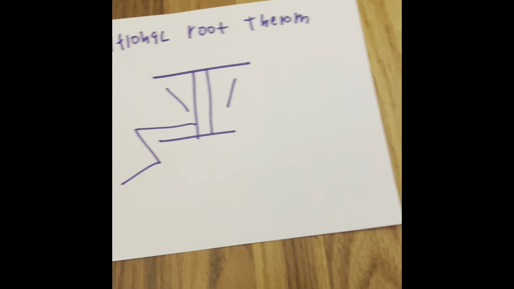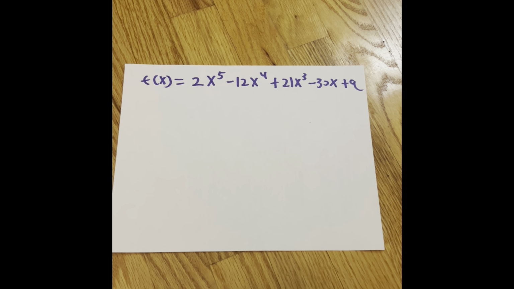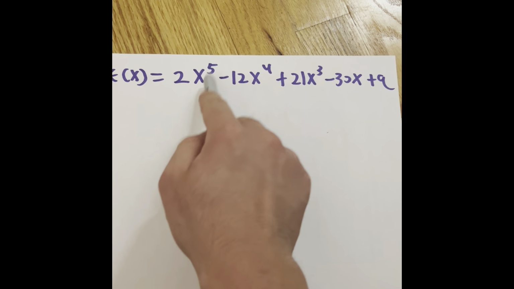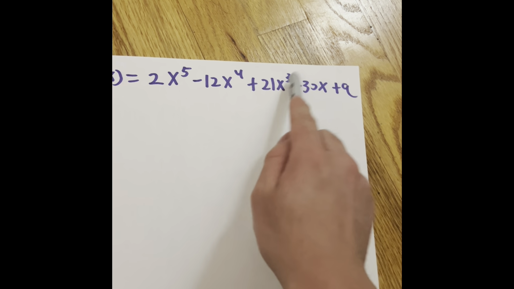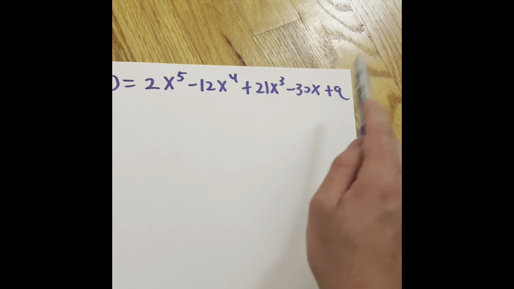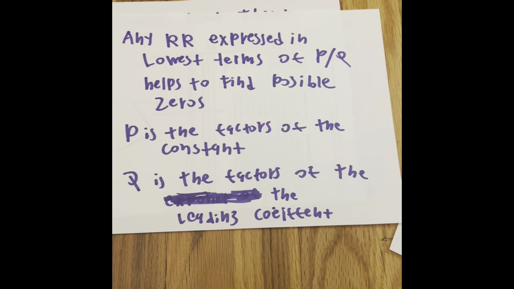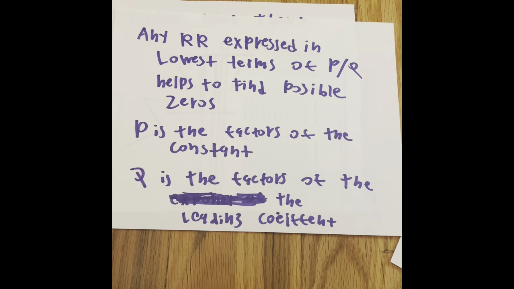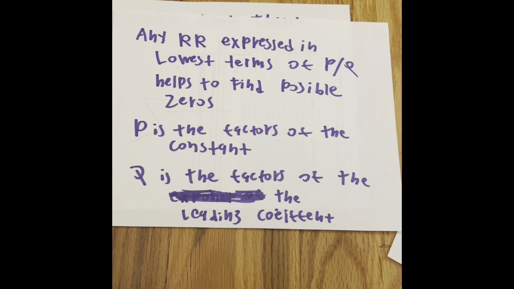So right over here is a gigantic polynomial, where the function of x is 2x to the power 5 minus 12x to the power 4 plus 21x to the power 3 minus 30x plus 9. And what the rule literally states is that we have to find p divided by q, where p is the factors of the constant and q is the factors of the leading coefficient.